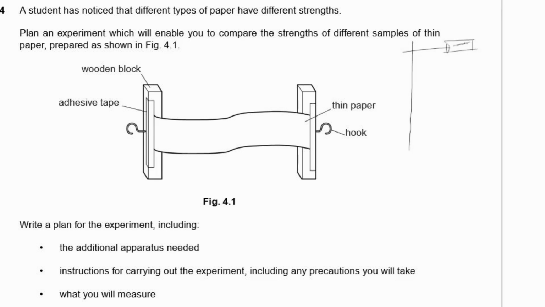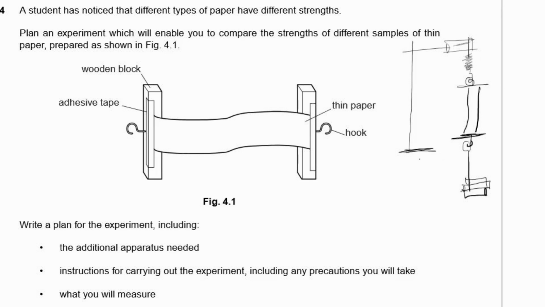We've got our little clamp stand, then here we've got maybe a spring balance or a Newton balance holding the paper. Something like this. And then on the end here we'd probably have a mass hanger, and we would add weights to it.